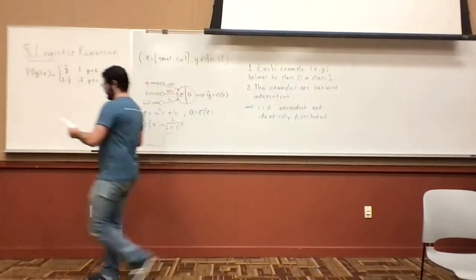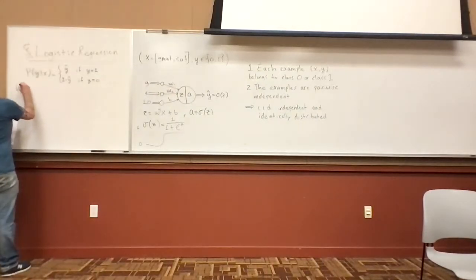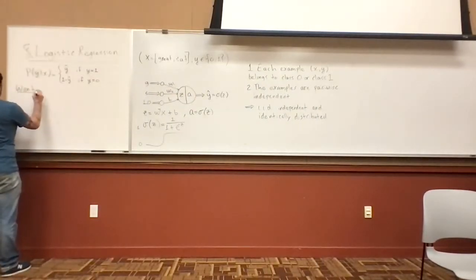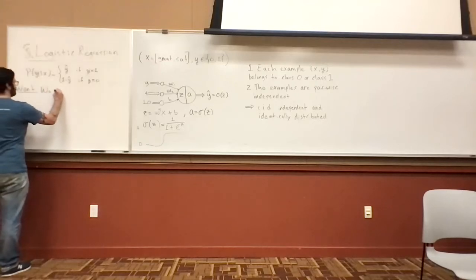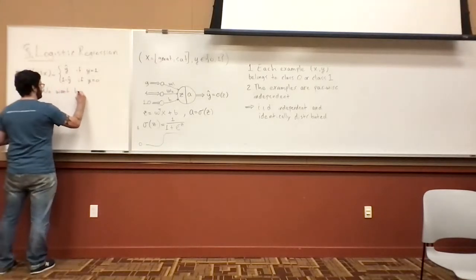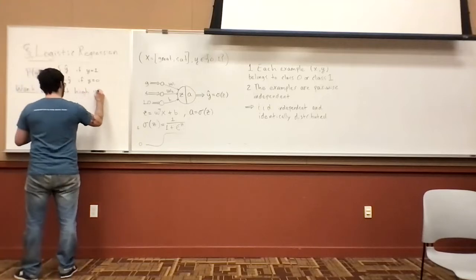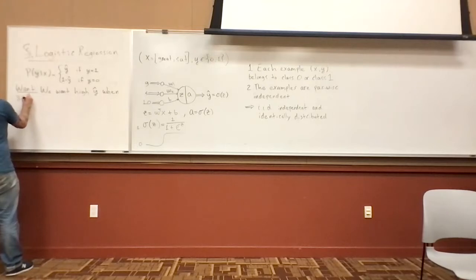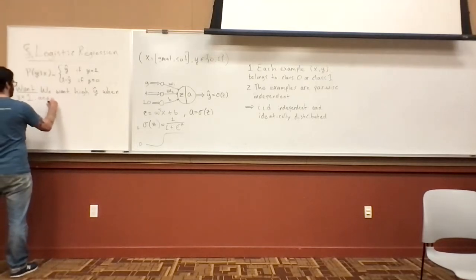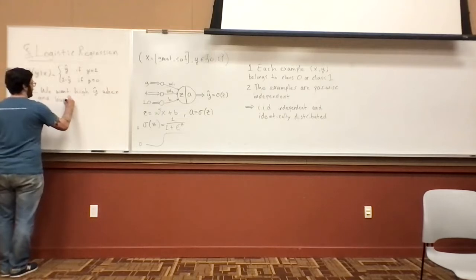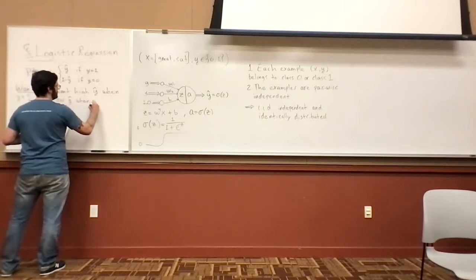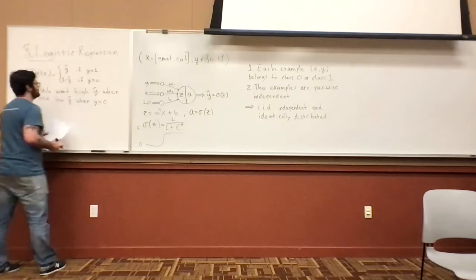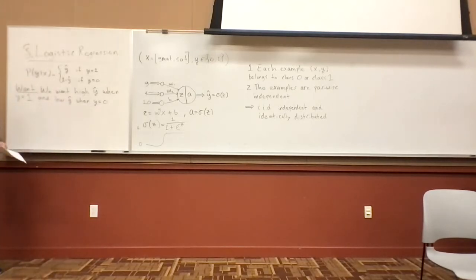So what do we want? We want a high y hat when y is equal to 1, and a low y hat when y is equal to 0. So this is the probability of getting the correct output given that input.